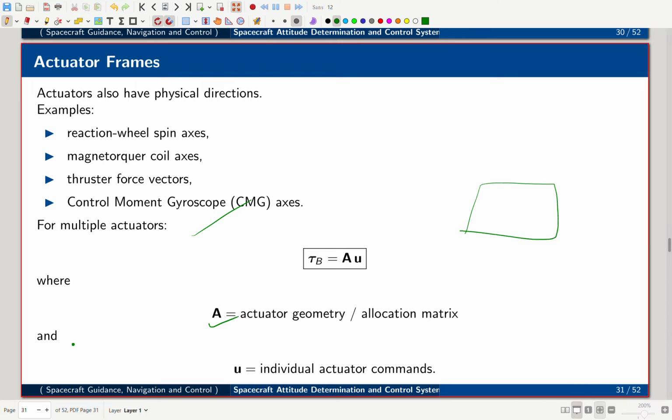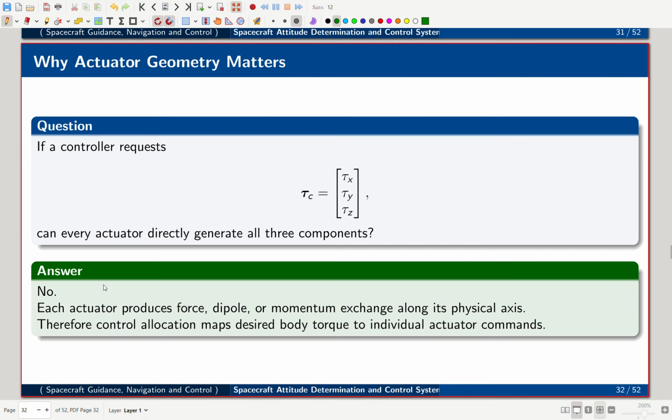A is the actuator geometry, or allocation matrix, where we are mounting a lot of actuators, so we have to put one matrix there. u is the individual actuator commands. Based on our actuator geometry, which is fixed, the individual actuator commands change our net output.